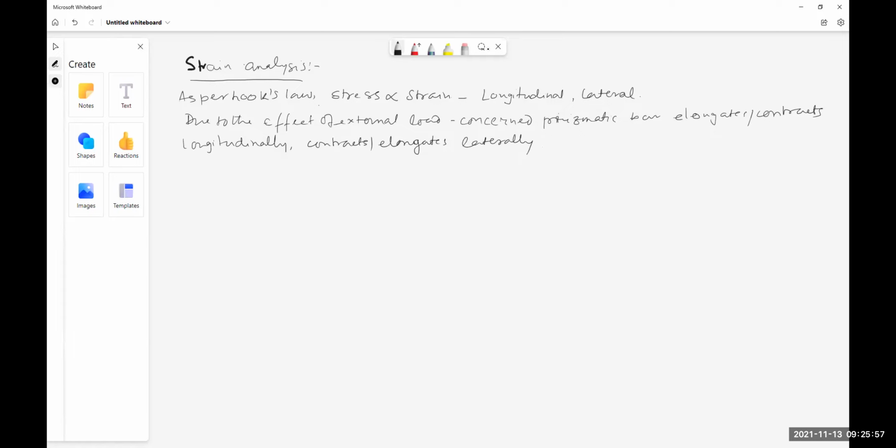Now, what happens here? There is a specific relation between longitudinal and lateral elongation.